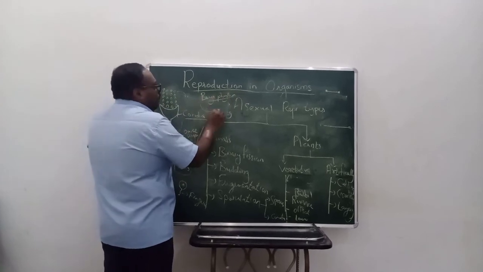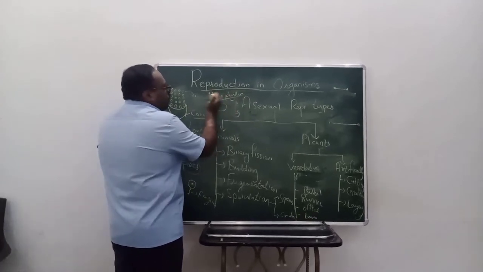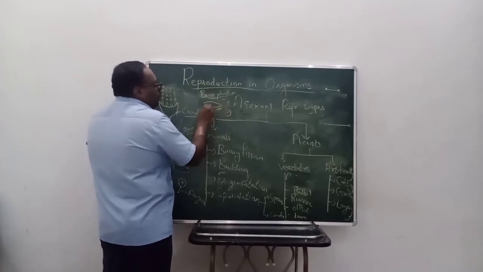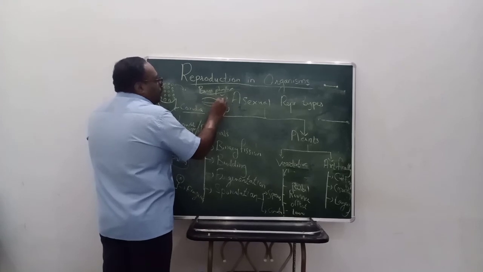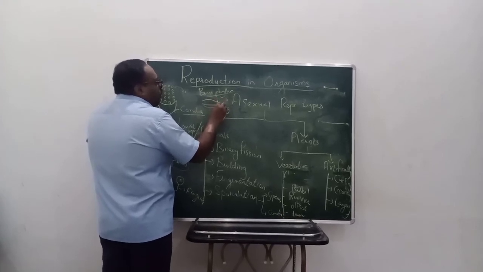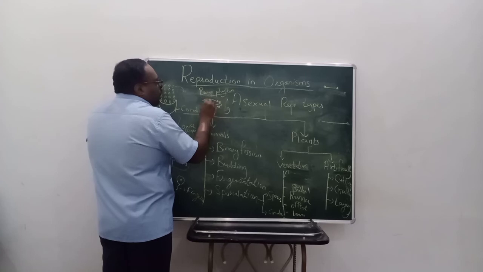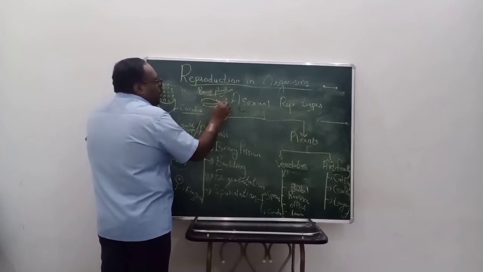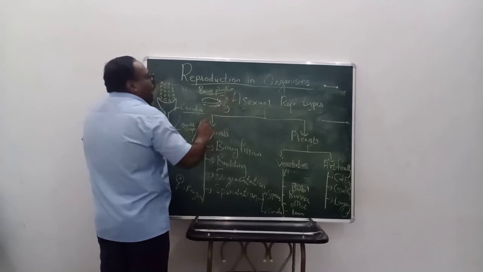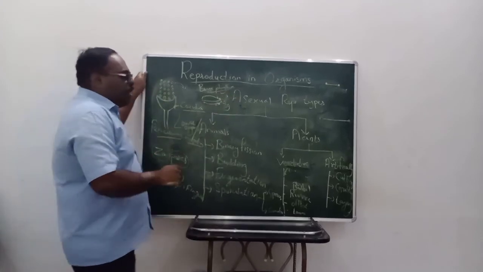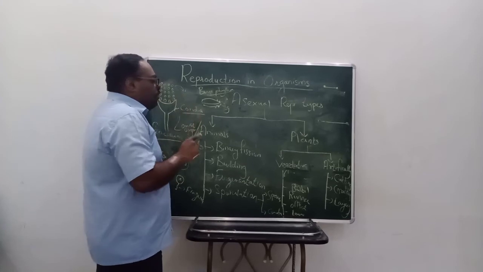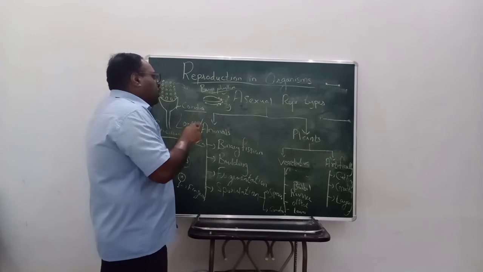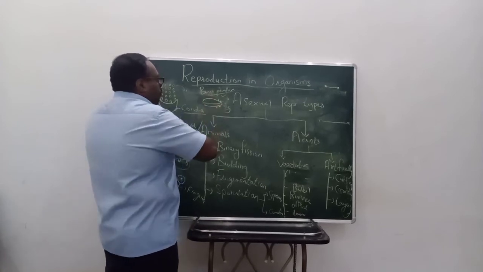If it is a leaf, the tip of the leaf will have growth by mitosis, and this tip will touch the soil, and from there a new plant can arise. That is the example where the leaf helps in vegetative propagation, and the example for this is bryophyllum.